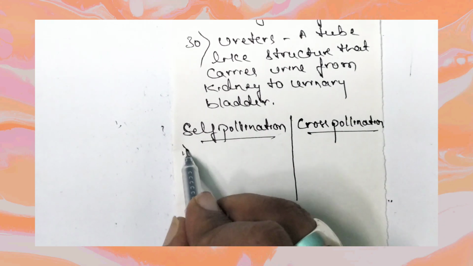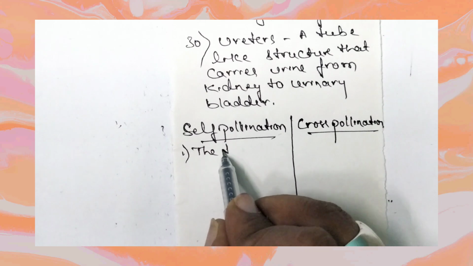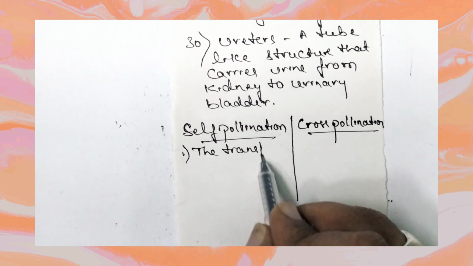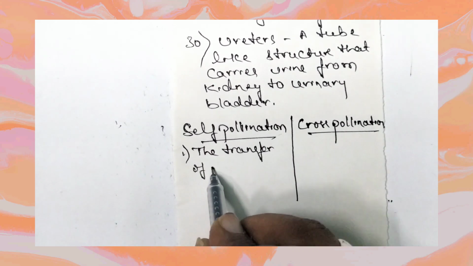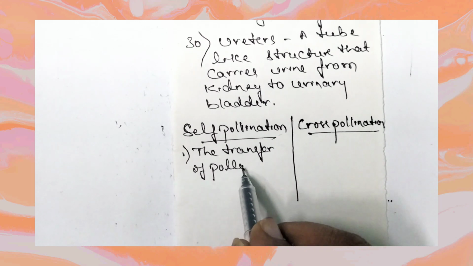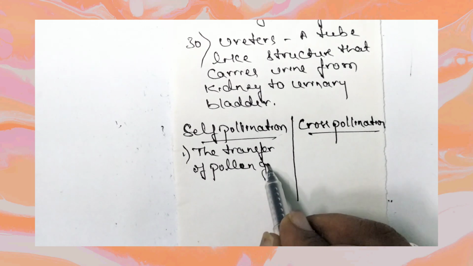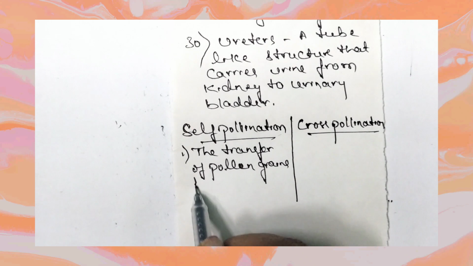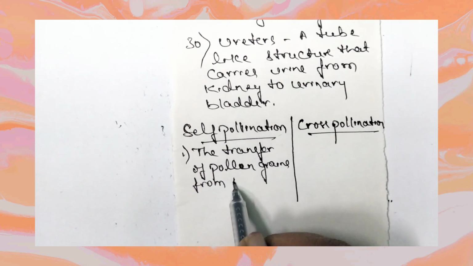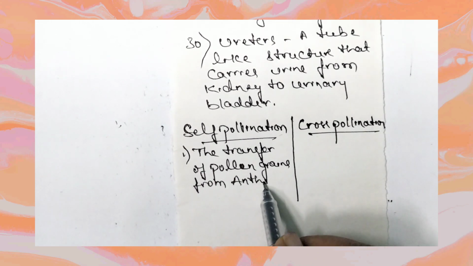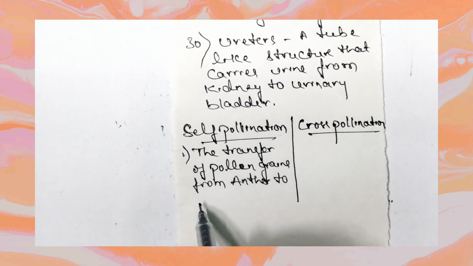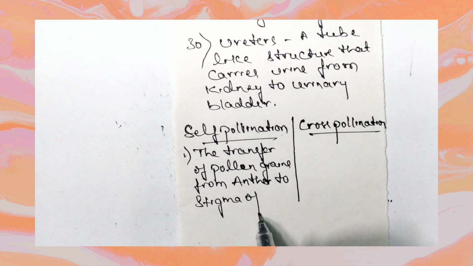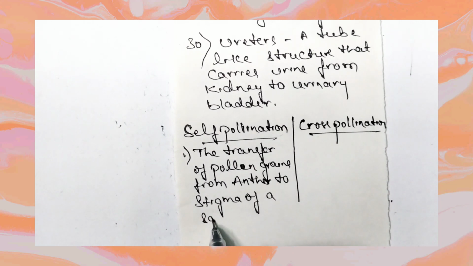So in the self-pollination, the transfer of pollen grains from anther to stigma of a same flower.